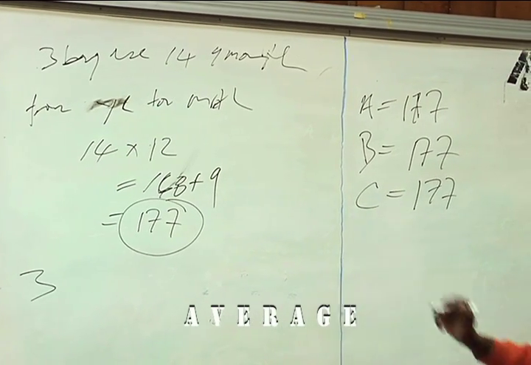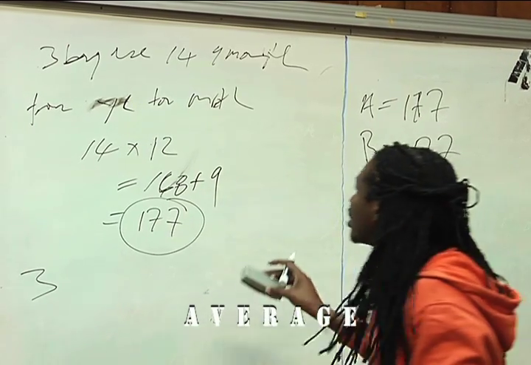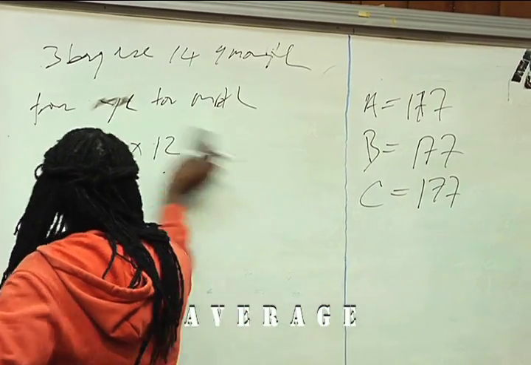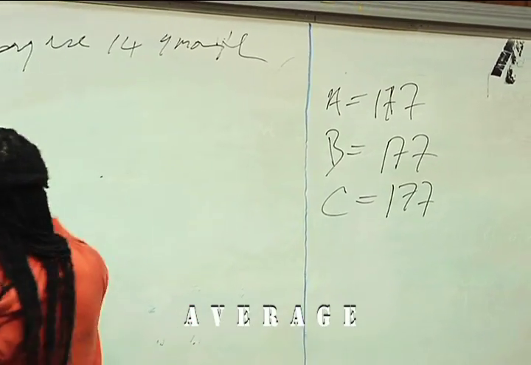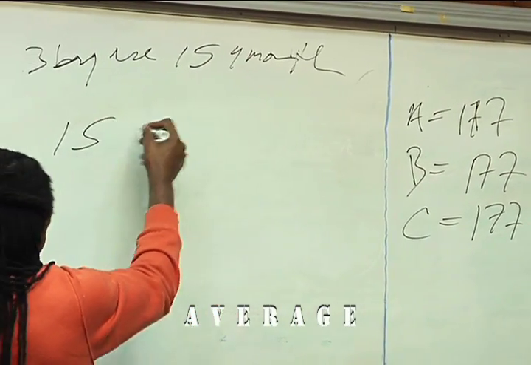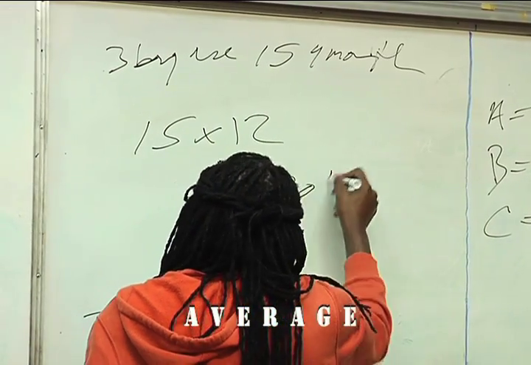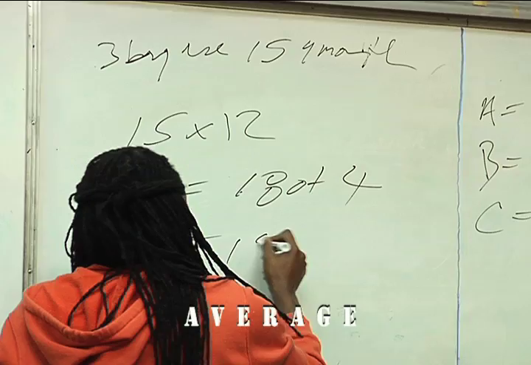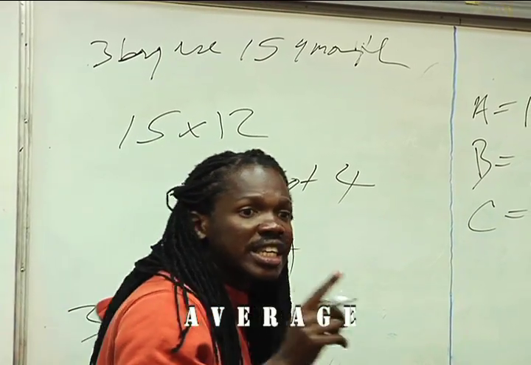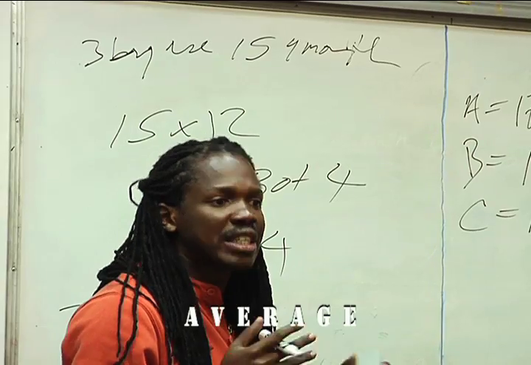All right. Now, what do they say about the other boys? The other 4 boys are 15 years and 4 months. So what we have to do is 15 years times 12, which is 180 months, plus 4, that is 184 months. So each boy in the second grouping is 184 months.